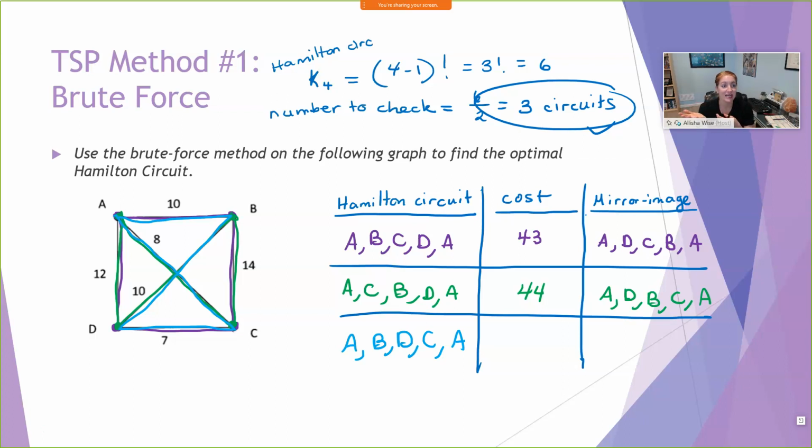So if you want to tie it back to that probability week that we discussed, we're really looking at how many different ways can you permute the letters here.